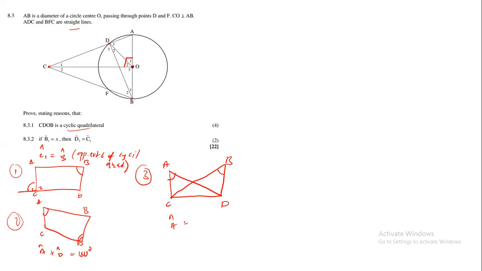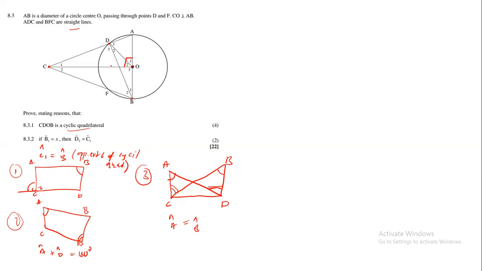If angle A is equal to angle B, which are angles in the same segment, we are safe to say ABCD is a cyclic quadrilateral. Once more, if this angle is equal to that angle, it is an angle in the same segment, therefore ABCD is a cyclic quadrilateral, okay?